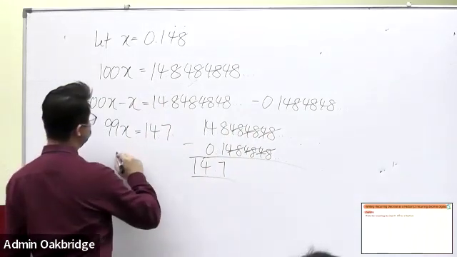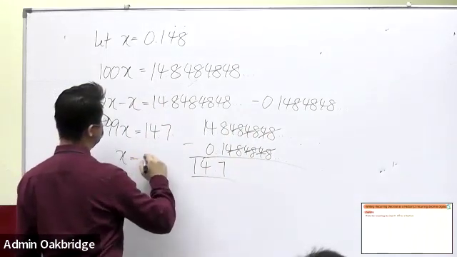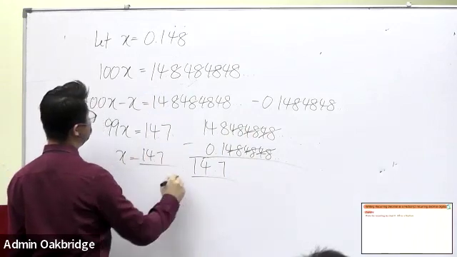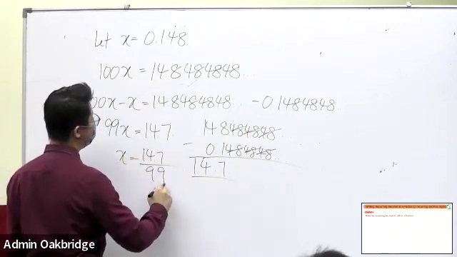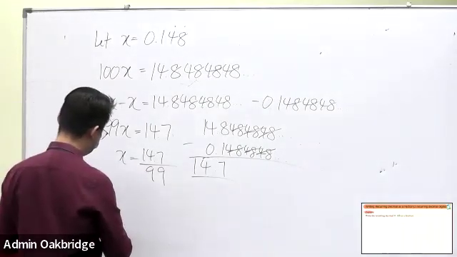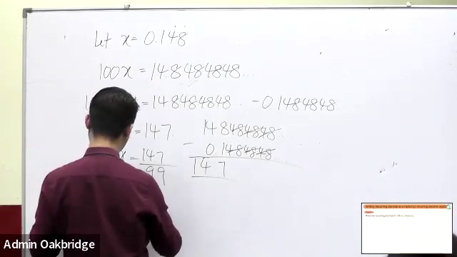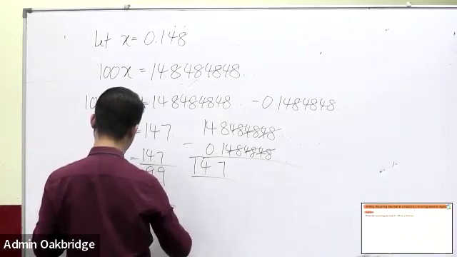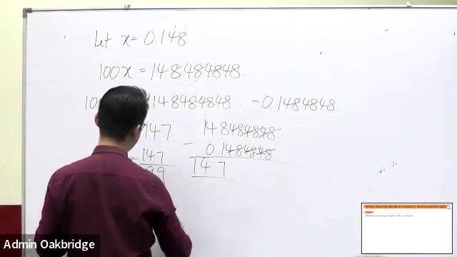Then we just find out x. So what do you get for this one? 14.7 divided by 99. Let me check. 49 over 330.